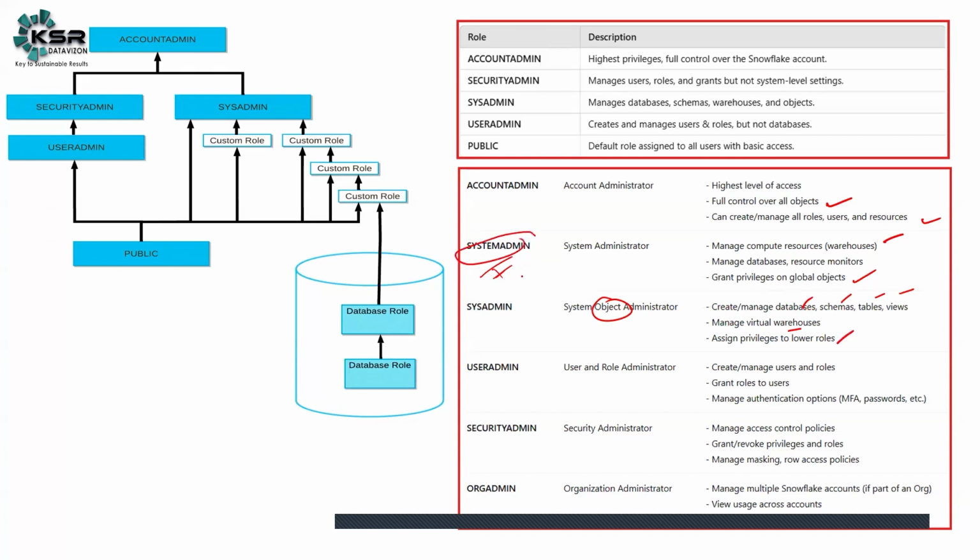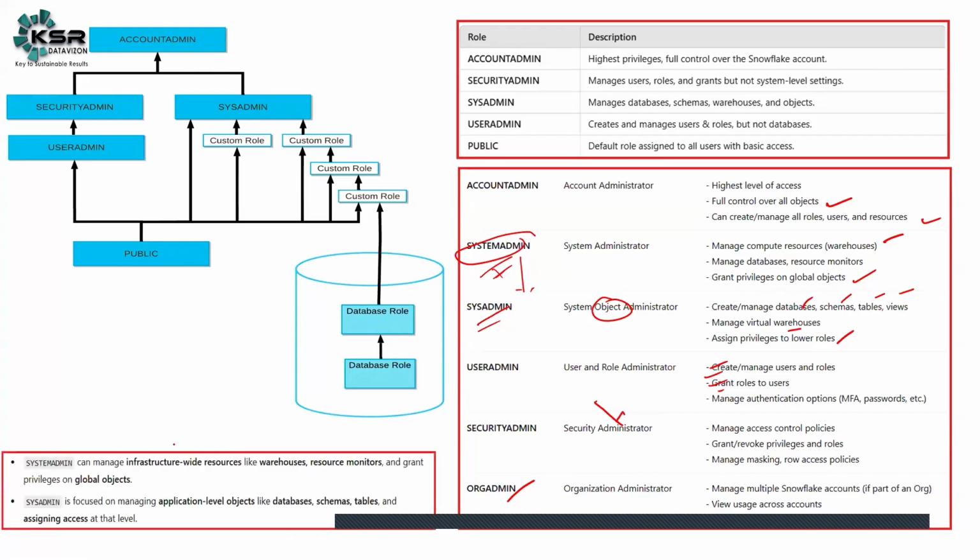Compared to the system administrator, sysadmin has fewer privileges. A user admin, again, is used only for creating users. Sorry, that came up twice. And at the organization level, there is something called organization admin, but this is not shown in your Snowflake account. It is with respect to your organization level.